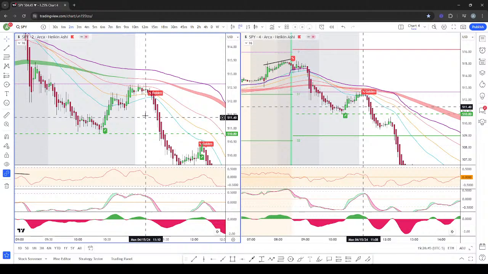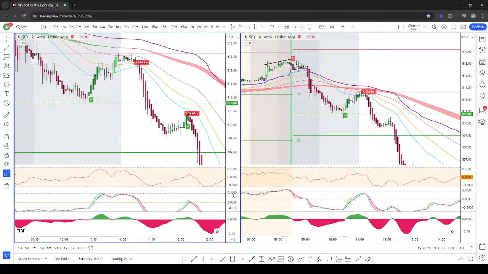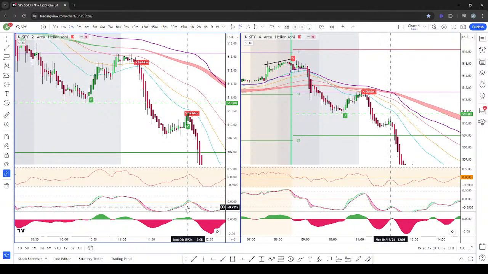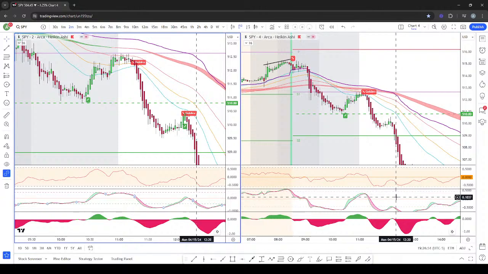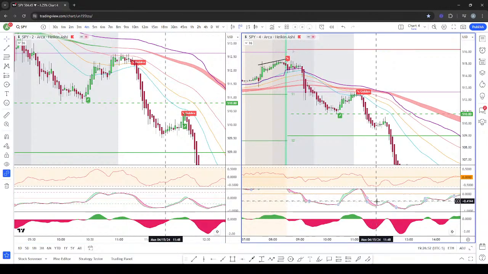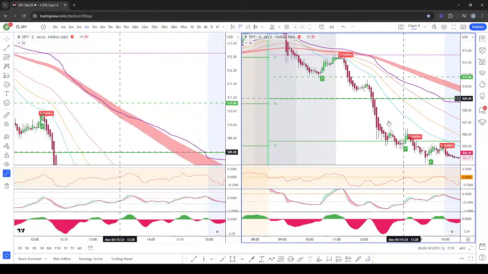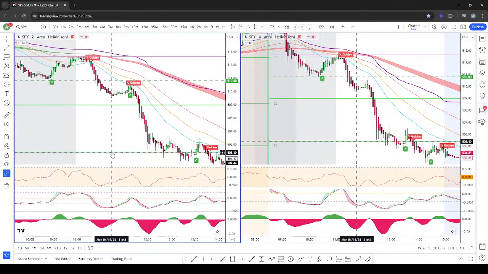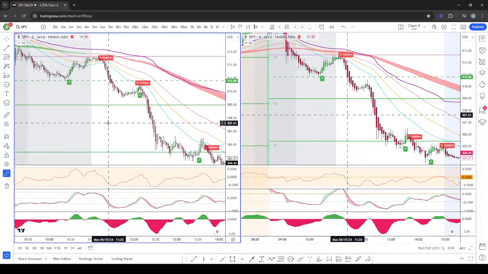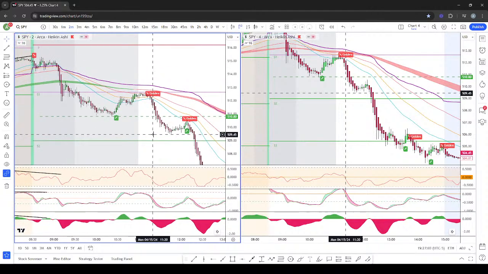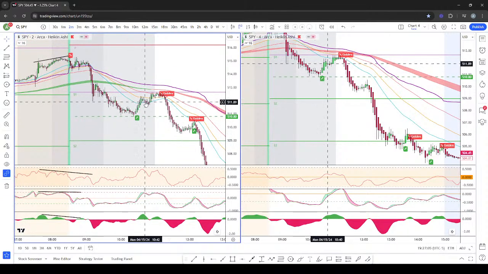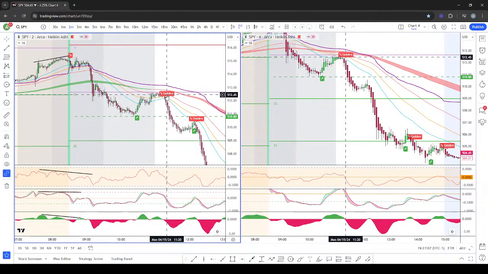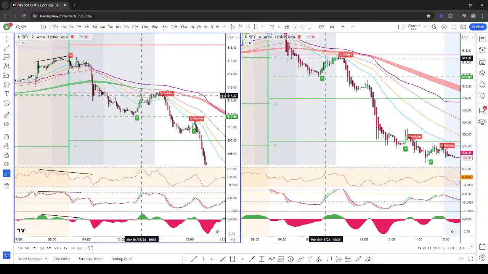You get your signal, enter that trade, and you can follow along on the higher time frame and manage the trade that way, or if you have a planned risk to reward, you can go ahead and do that.